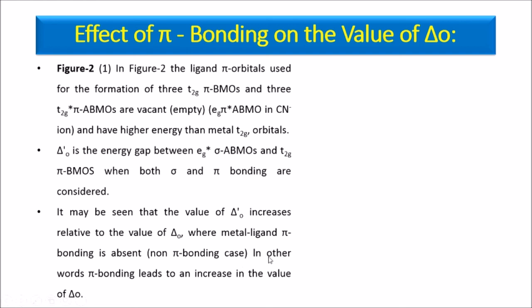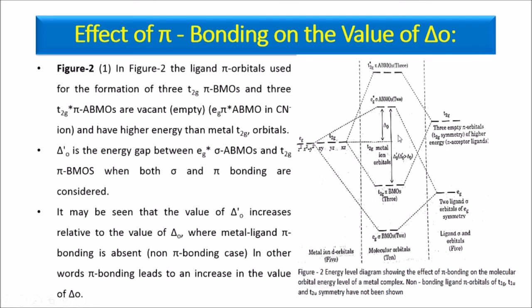In other words, pi bonding leads to an increase in the value of delta O. That can be seen over here. You can see that delta dash O is greater compared to this. So this is only sigma donation interaction, and here pi acceptance interaction. So this delta dash O is greater than delta O. As a result, what happens?